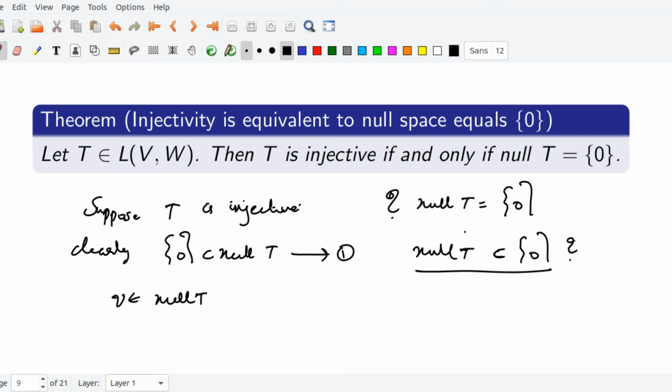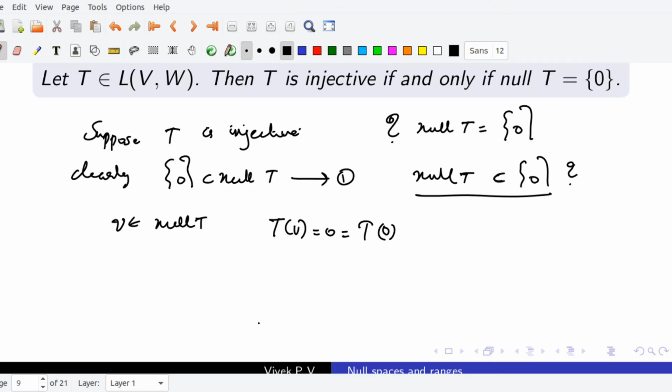That's the idea. Since v is an element of the null space of T, we have Tv equal to 0. And always 0 equals T of 0. Since we assume that T is injective, here we got Tv equals T0. By applying the definition of injectivity, Tv equals T0 implies v equals 0.